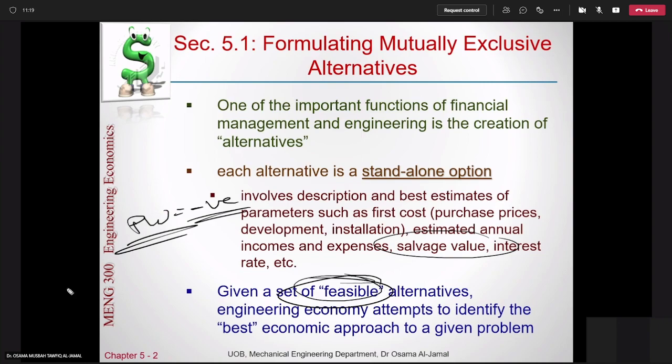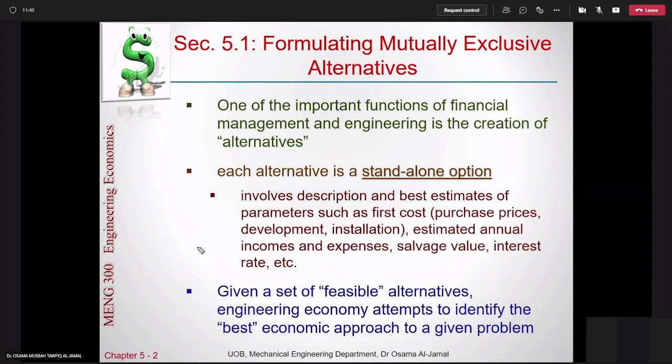It's not feasible. If it's an investment in a project and what you get is negative, it's infeasible. Feasible if it's a positive amount or positive summation of all of them. So, given a set of feasible alternatives.